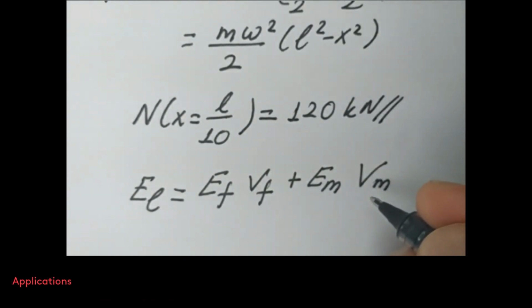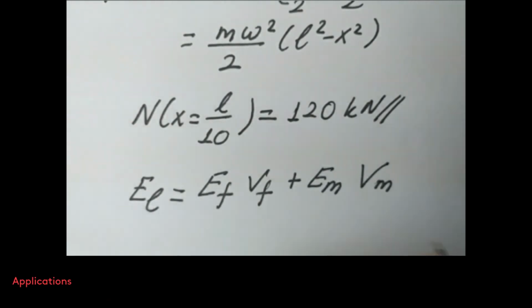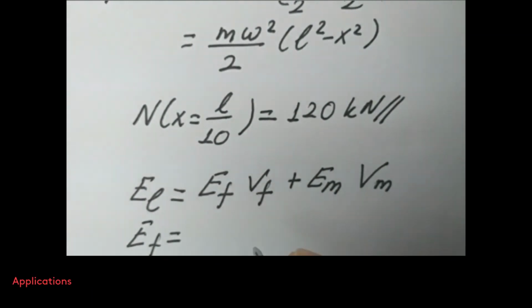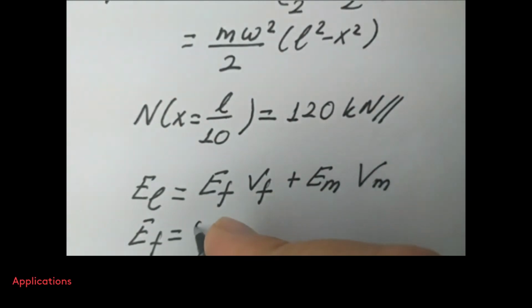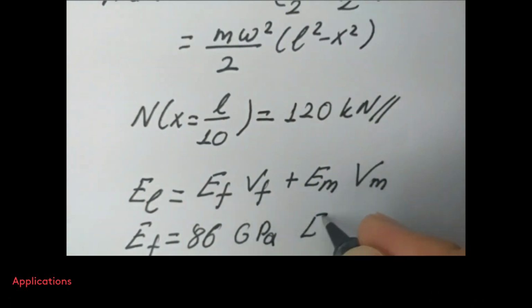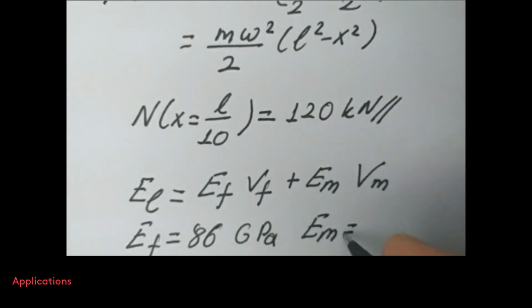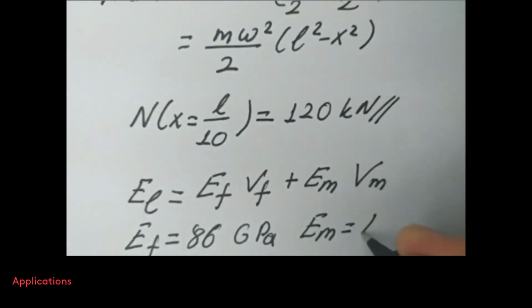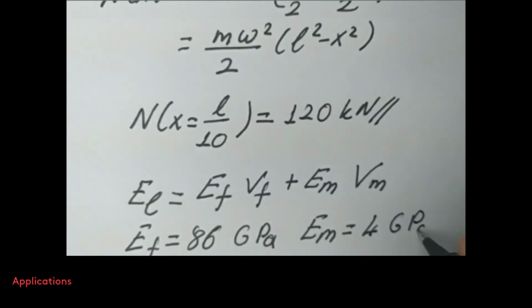Now it's a glass epoxy made of R glass. So EF is given as 86 gigapascals, and EM, the Young modulus of the epoxy, is given as 4 gigapascals.